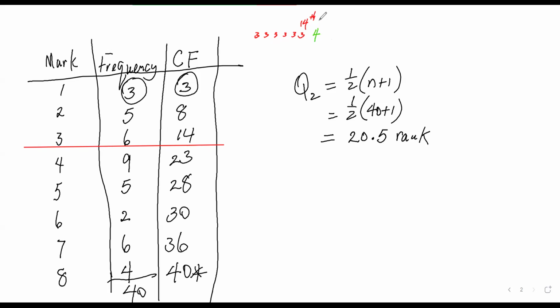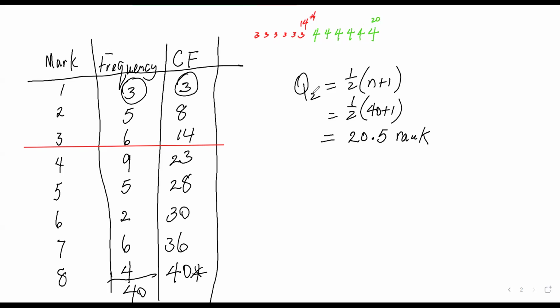So that's your 15th number. Your 16th number is a 4. So 15, 16, 17, 18, 19, 20. Remember this is going up to 23.